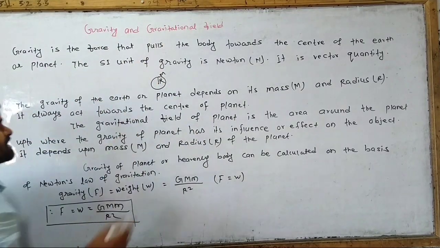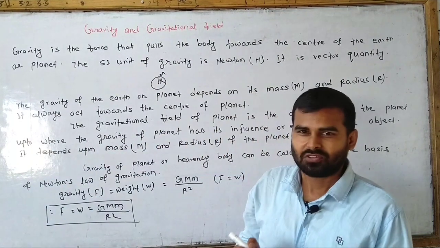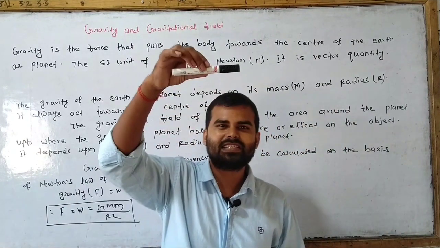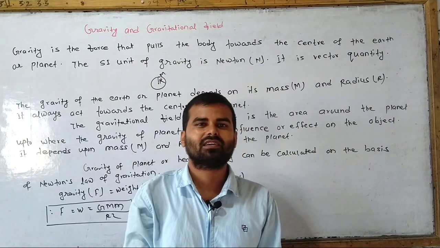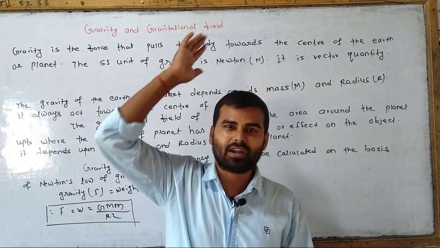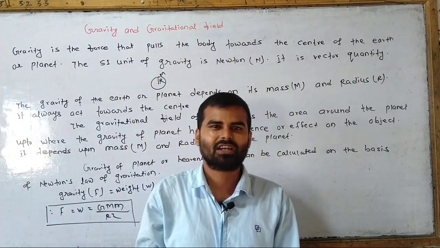Gravity and gravitational field. The earth attracts every body toward the center. This is the marker. If you drop the marker, it falls toward the Earth's center. Not only the marker, if you throw any body in space, it falls toward the center of the Earth.